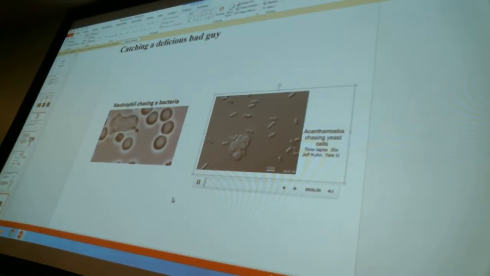Here's another example of an amoeba chasing yeast cells, just trying to engulf this little yeast and moving after the escaping yeast and trying to go around. So you can see a lot of movement and at the same time rearrangement of the cell around to engulf this little yeast.